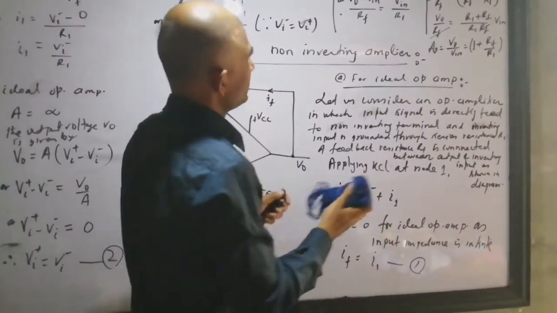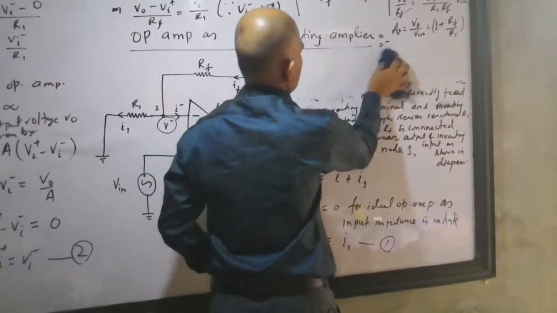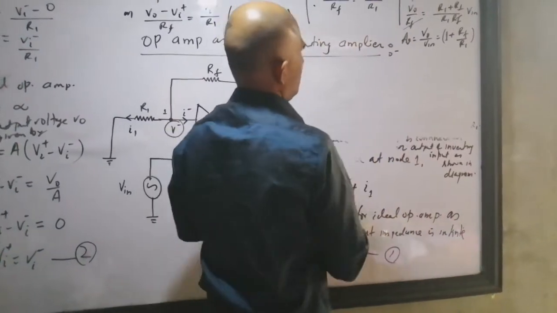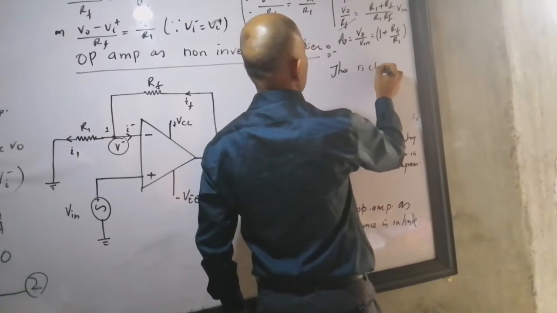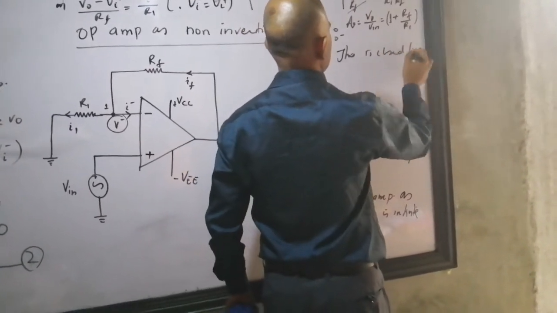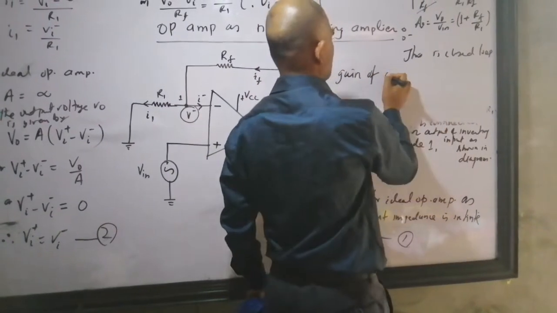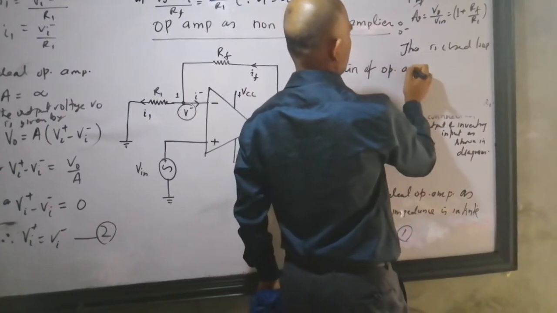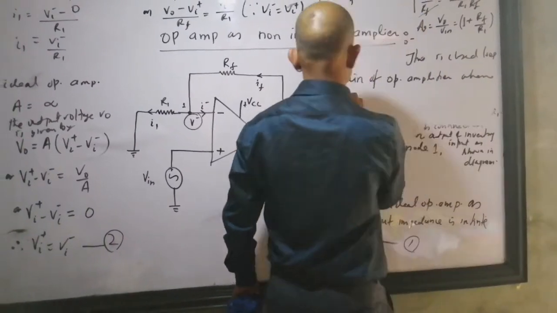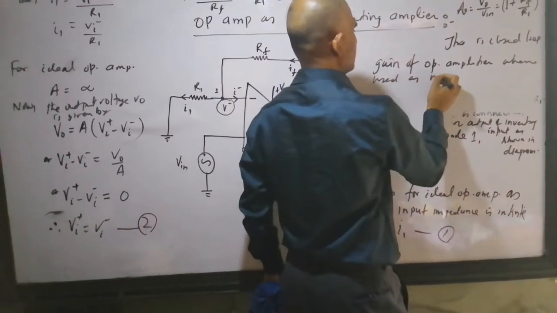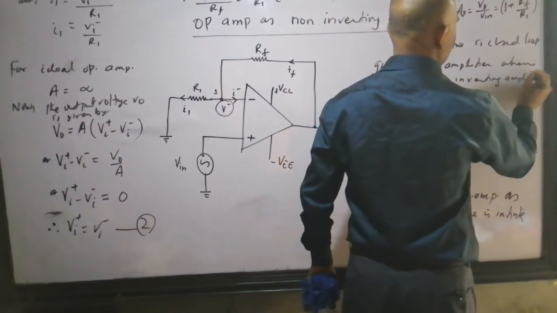I am going to drop this. So this is the closed loop gain of the operational amplifier when used as a non-inverting amplifier.